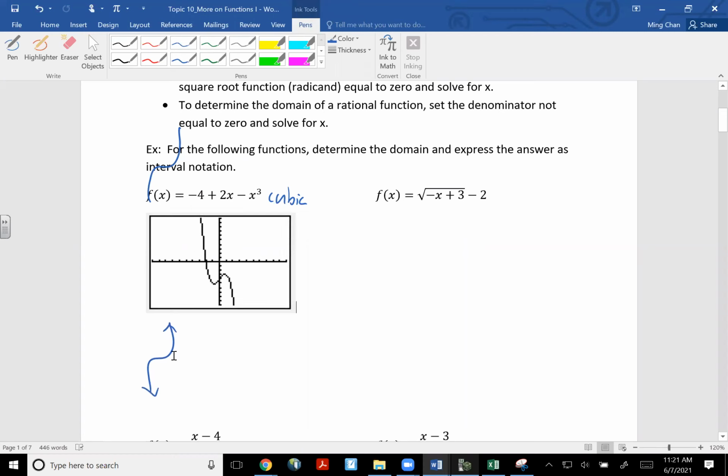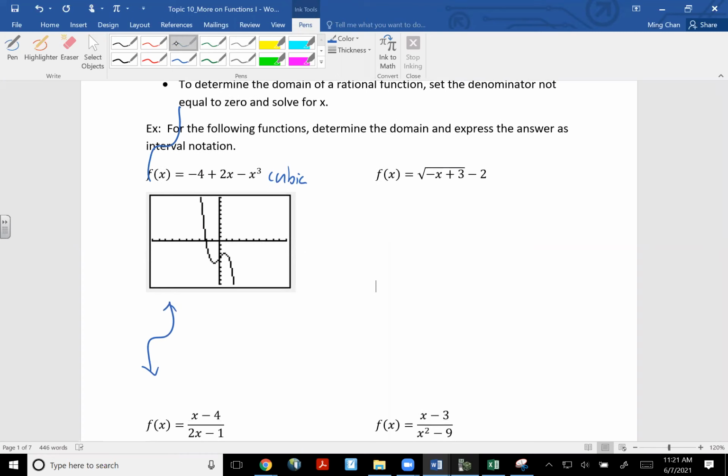It doesn't quite look like the basic one, and there's a reason for that. The basic one was f of x equal to x to the third, a positive x to the third. This cubic function is a negative x to the third, so the graph flipped, and we'll talk more about that too.